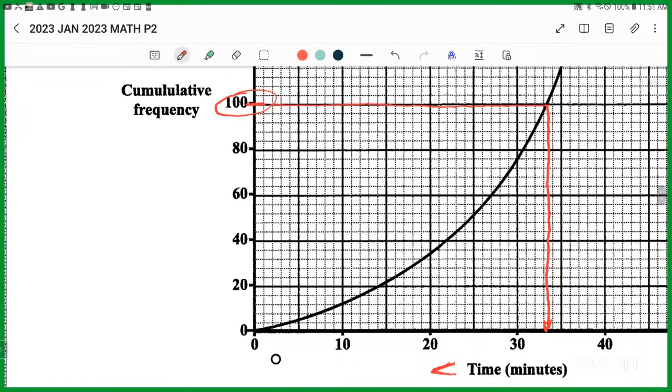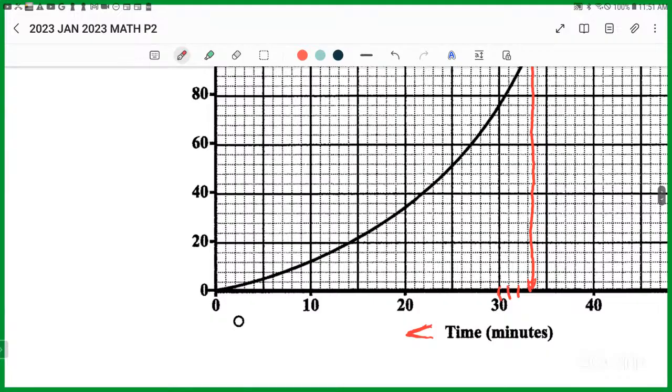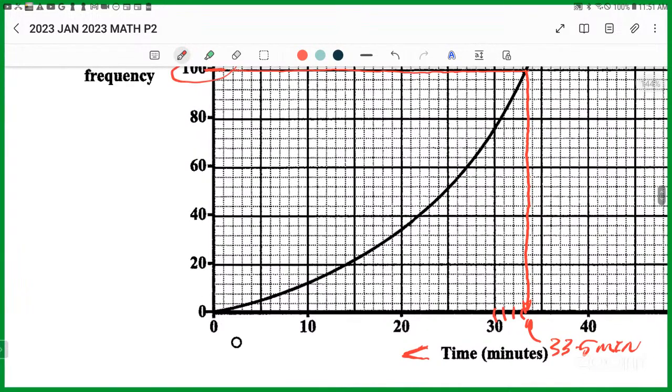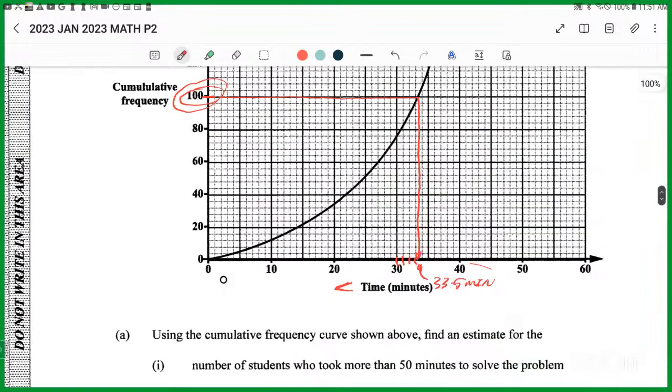That would be 30, 31, 32, 33, so 33.5 minutes. So 100 students took less than 33.5 minutes to complete the task. That is how you read a cumulative frequency graph. So we need to establish that. You have to know how you read the graph.